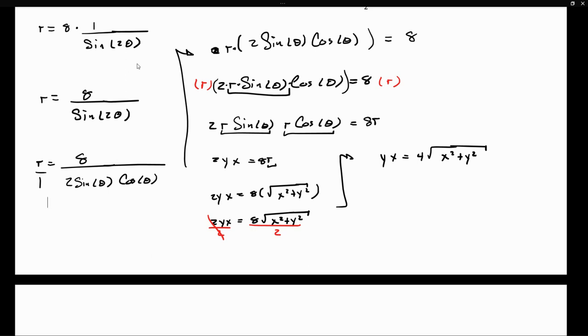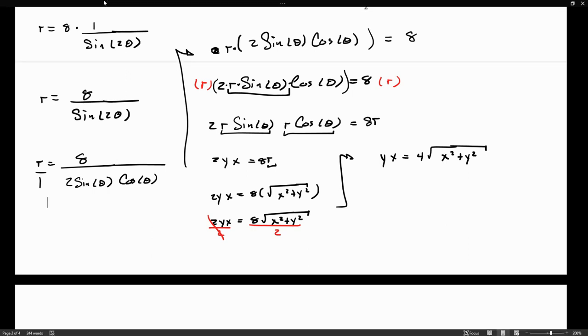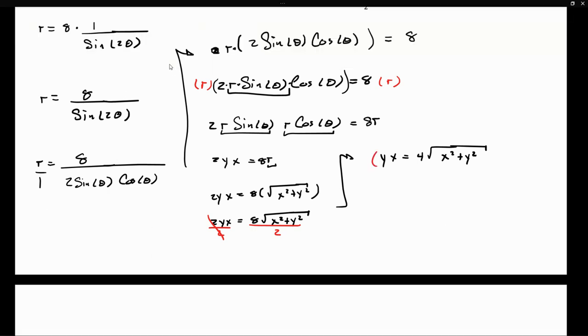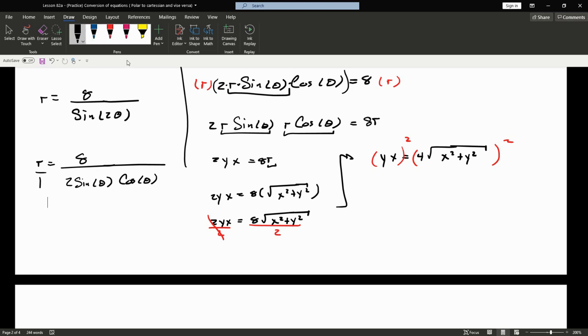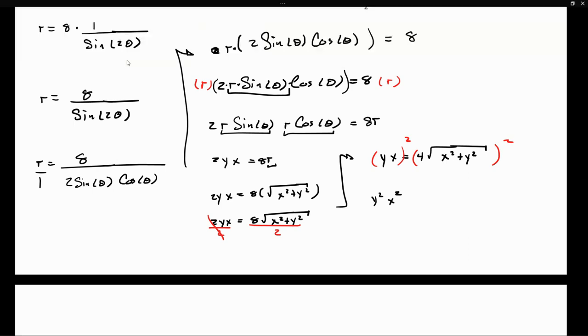Let's get rid of this root. I can do that by taking the second exponent to both sides. So now I'm going to have y squared x squared. Well, 4 to the second, that's 16. And the square root will cancel out with this. So we got 16 times x squared plus y squared.